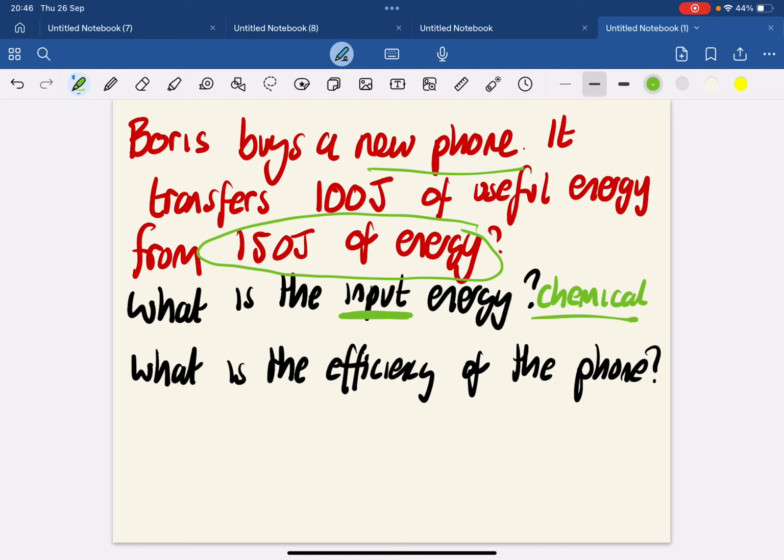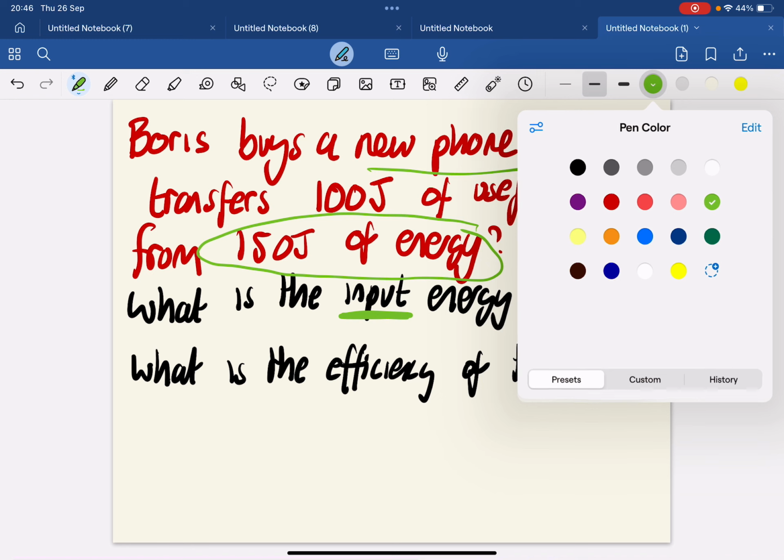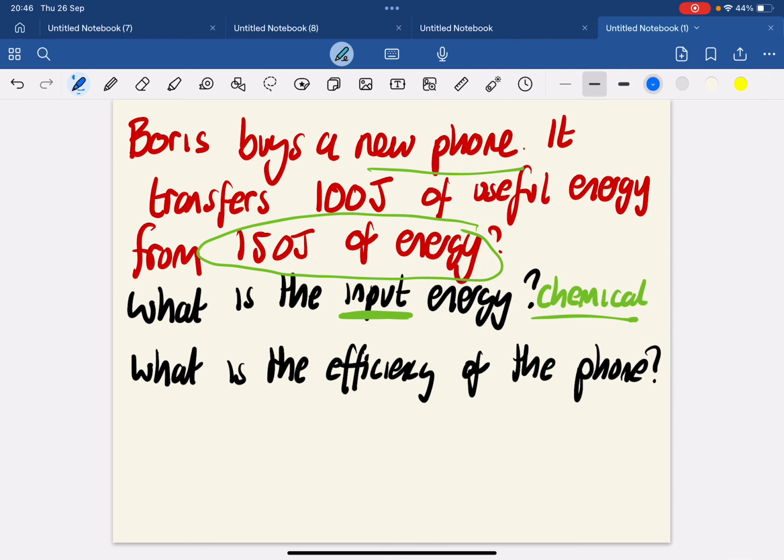And what is the efficiency of the phone? Well, when we use our calculation, it is our useful energy, which is 100 joules, divided by our total energy. Remember, our useful energy cannot exceed our total. That is 150 joules. That must mean that there's 50 joules of wasted energy, and that's been transferred to the surroundings, more than likely as thermal energy.